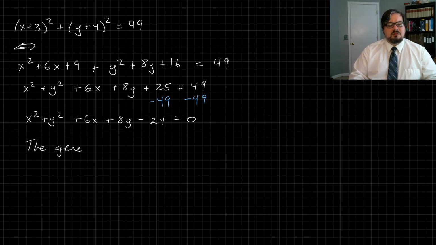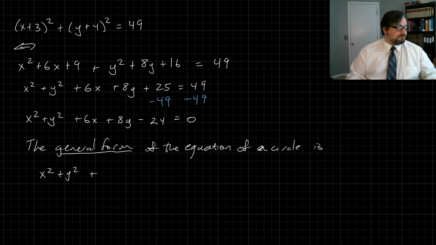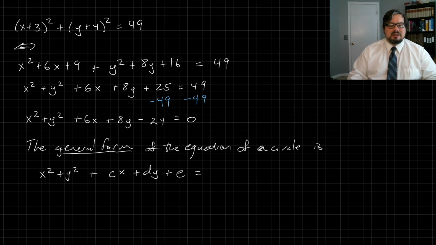So, the general form of the equation of a circle is x² + y² + cx + dy + e = 0, where c, d, and e are all real numbers.